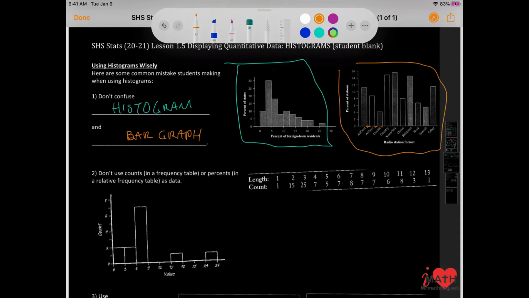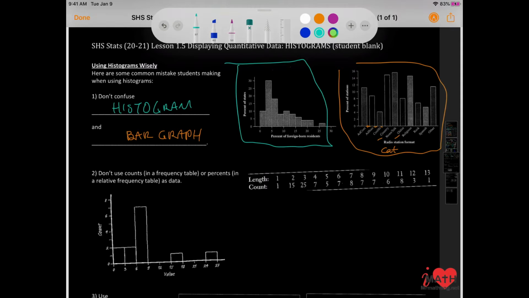Bar graphs in orange, if I asked you what kind of radio station or music do you listen to, the answer is something like country, oldies. This is categorical. If I asked you, how many in the class were born in a different country?